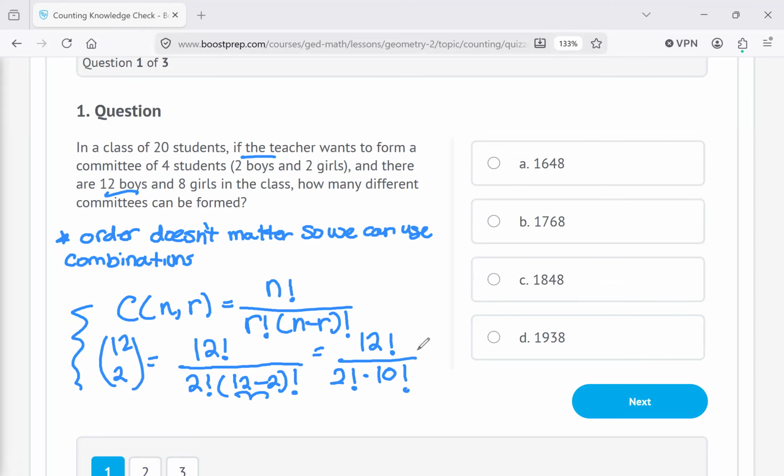You could put it in a calculator. I have a TI-30X IIS. I can't show it to you, but in my calculator, in order to get the exclamation mark, you have to press the PRB button, and then click on the exclamation.